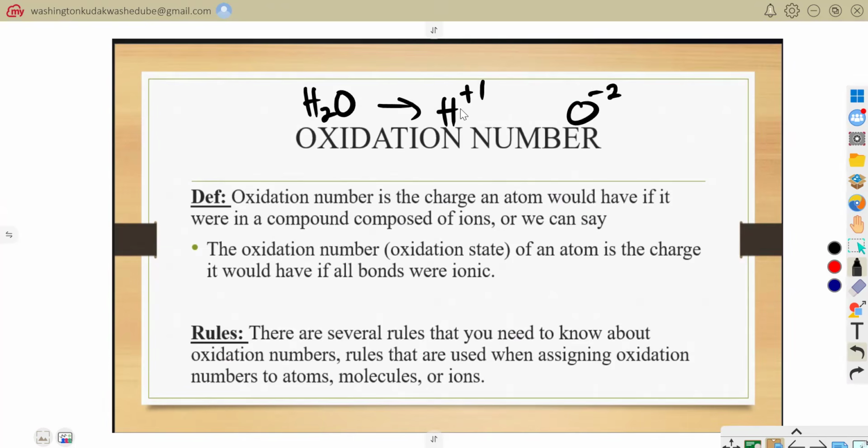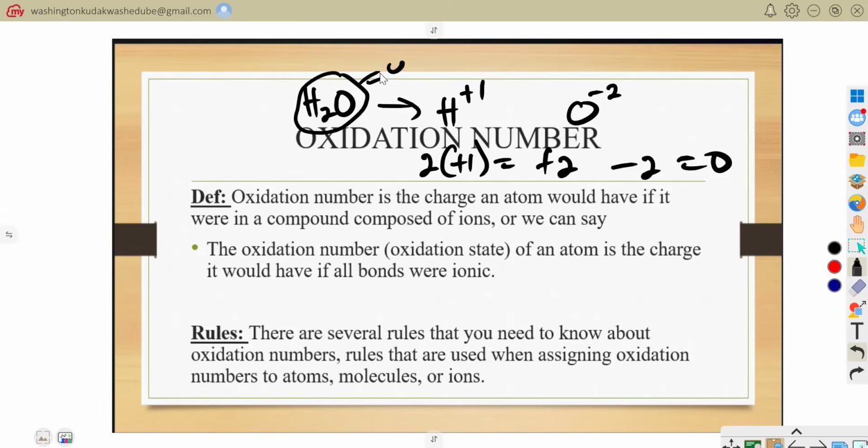If we multiply the positive 1 by the 2, because we've got 2 hydrogen atoms, you would get a charge of positive 2. Positive 2 and negative 2 give you 0. So at the end of the day, this molecule's overall oxidation number is equal to 0.